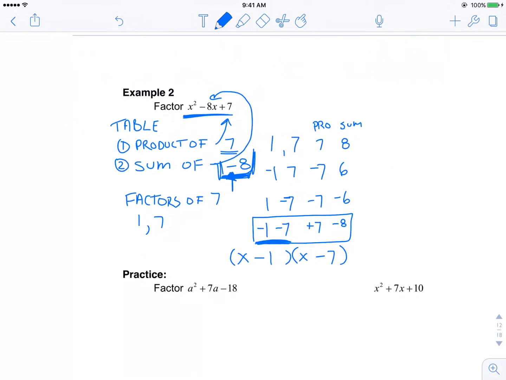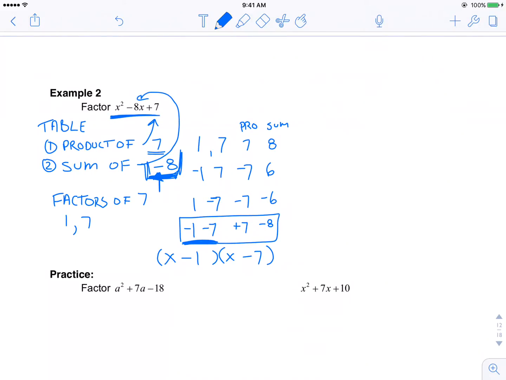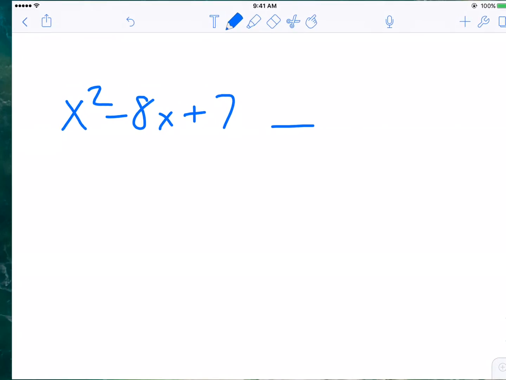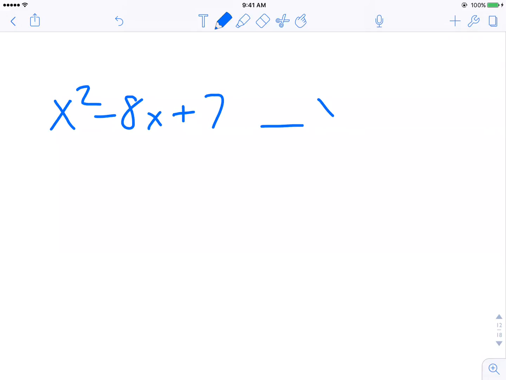Now let me show you that in a bit of a different fashion, which might be where you eventually end up, being a little bit quicker. Okay. So my polynomial is x squared minus 8x plus 7. I think to myself, what two numbers multiply together to give me 7?